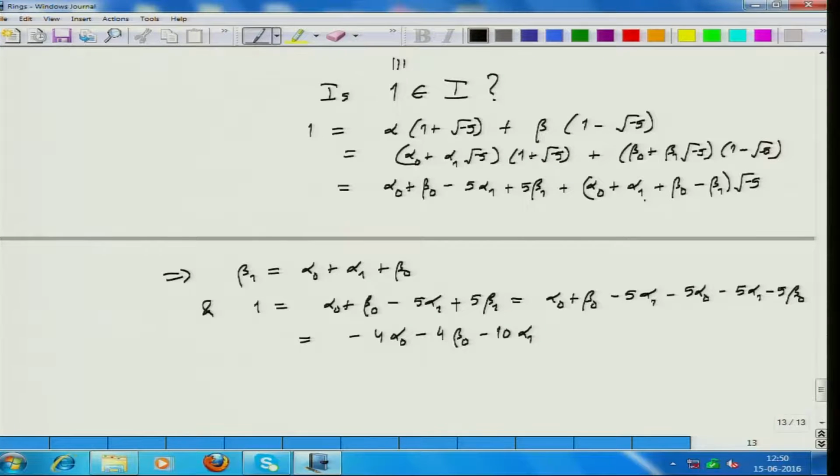Alpha 0 plus alpha 1 plus beta 0. That's correct. And minus beta 1. Minus beta 0. Why would that be minus? Both should be minus. Beta 1 should be plus. Oh, okay. Minus beta 0 plus beta 1.